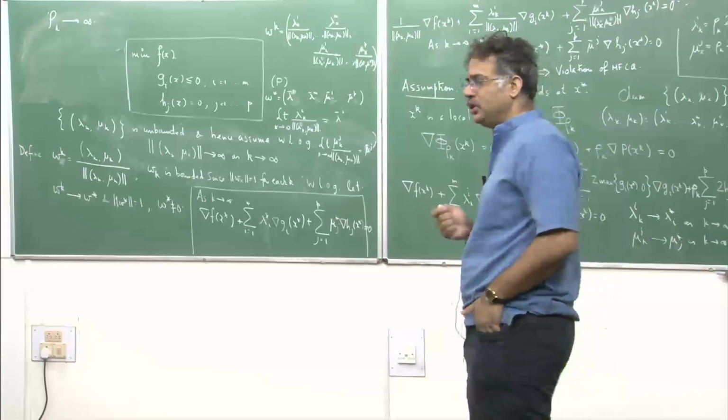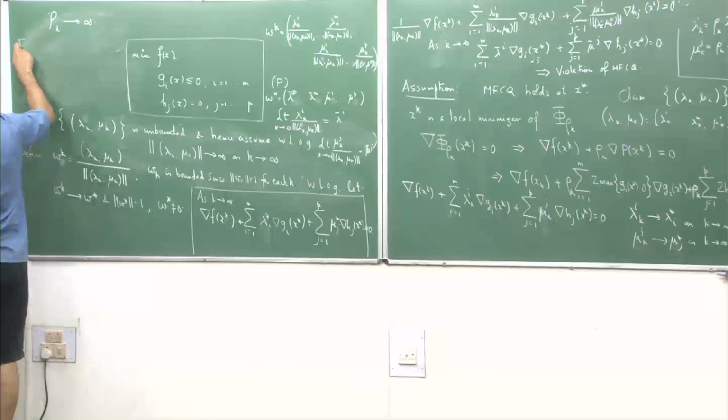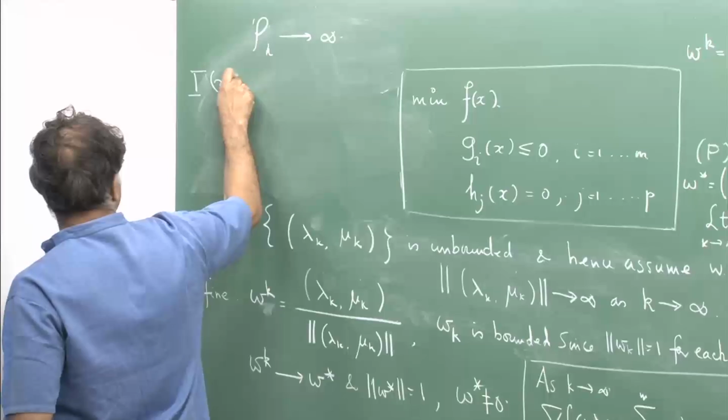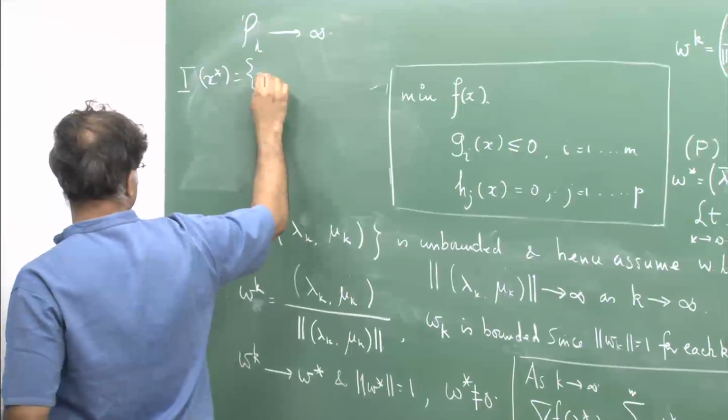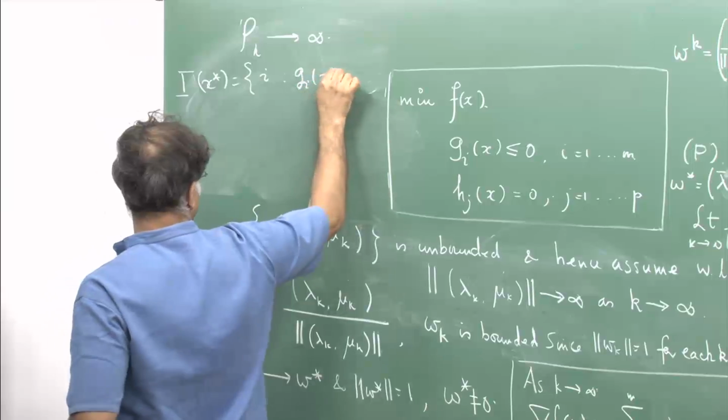What we need to do to get the complementary slackness condition: if I say that this is the set of active indices for the inequality constraints, the set of i for which G_i(x star) is equal to 0.